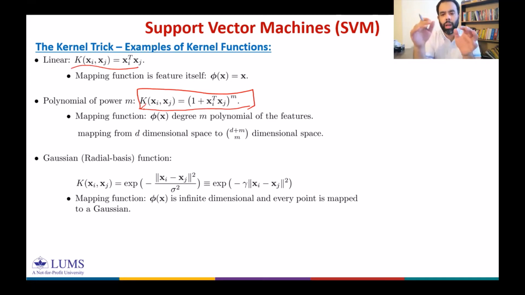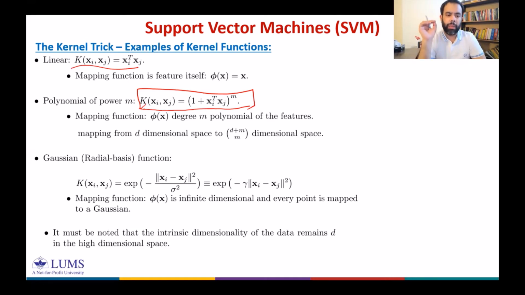What's happening here is that the dimensionality of the data remains d, but we're expanding it into a higher dimensional space so that the data becomes linearly separable. So the intrinsic dimensionality of the data remains d. So these are the popular, well-known, very widely used kernel functions.